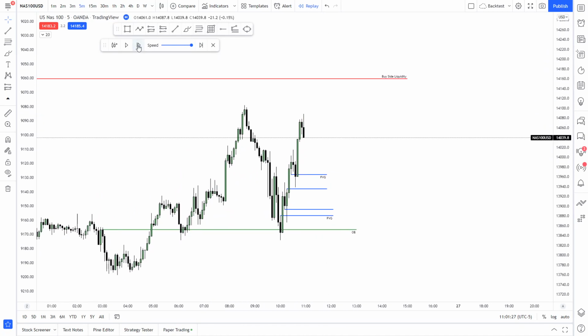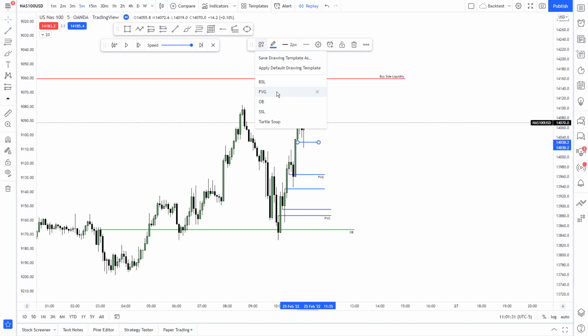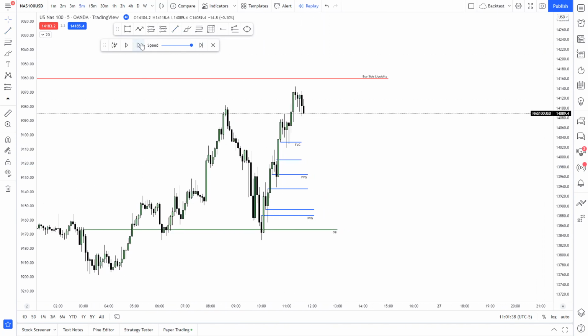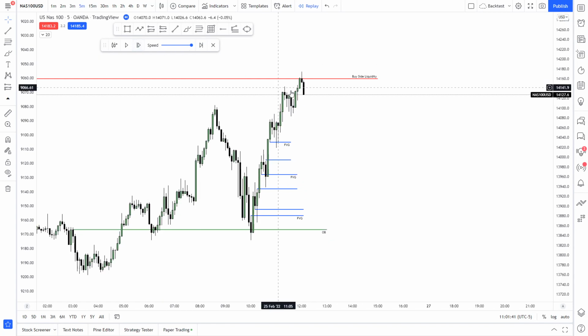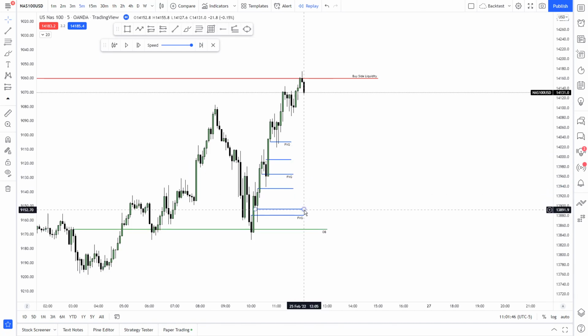See if it gives us another entry. Comes into this FVG right here and continues. Goes up to the buy side liquidity, and yeah, look at all those simple entries.